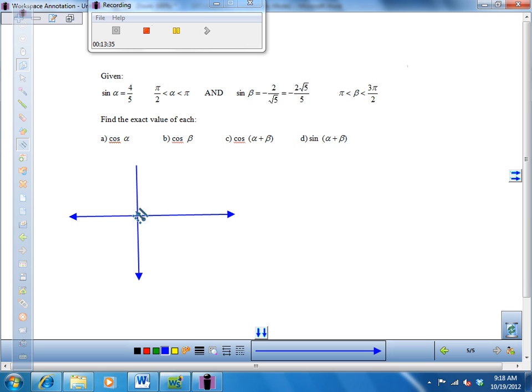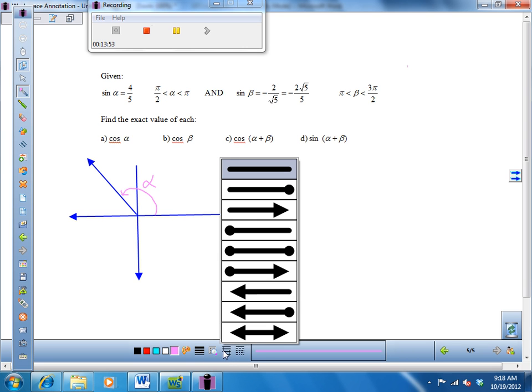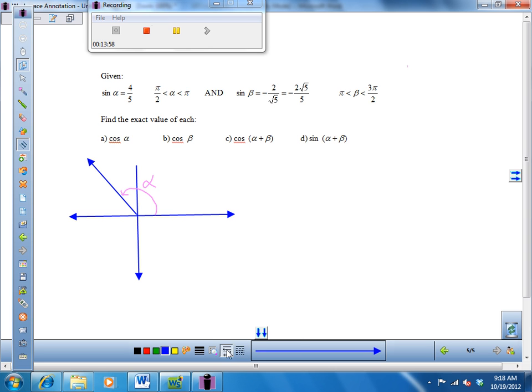So you draw an angle over here. This is all one problem. First I draw a picture for alpha. This is angle alpha right here, and its sine is 4 over 5.